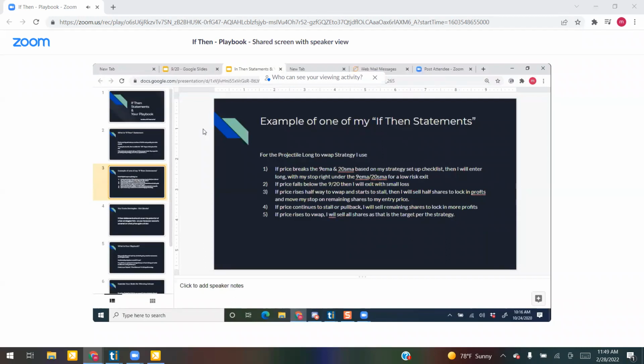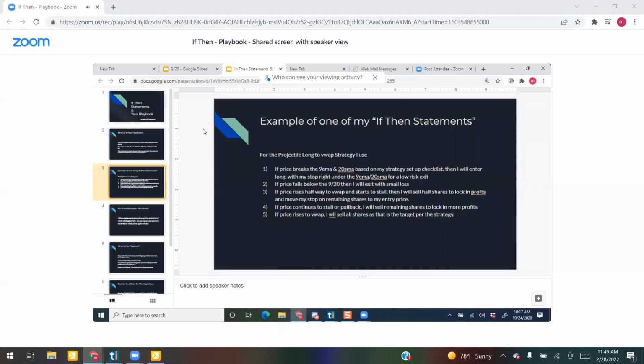If you do not know what the projectile long strategy is, there is a video on it in the day trading training vault strategy room. So take a look at it. But you don't need to know the specifics to understand how I'm using an if-then statement for the projectile long strategy. And this is what I have in my mind prior.